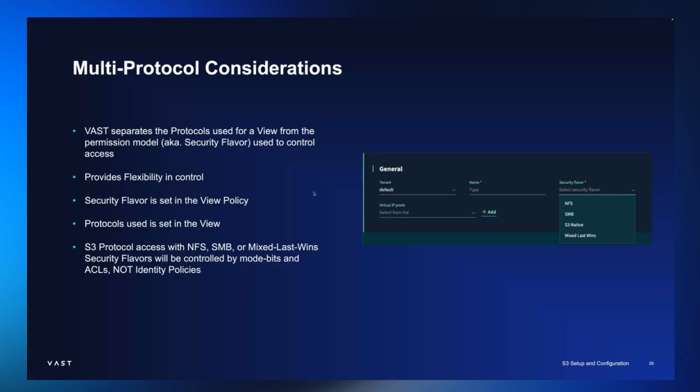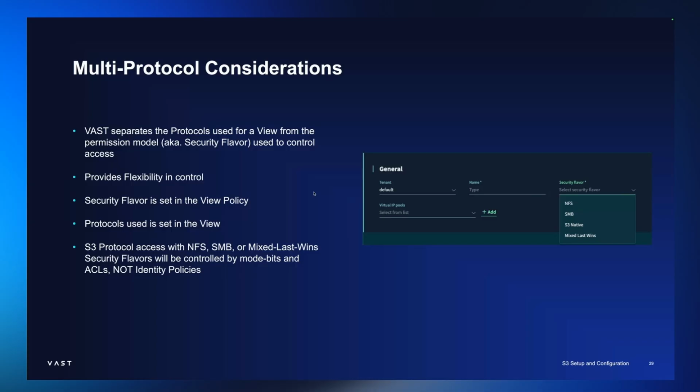Now, we can use these different security flavors, and we can set those independent of the protocol. So I can use S3 access for existing data sets and have my access control governed by NFS mode bits or SMB ACLs rather than identity policies.